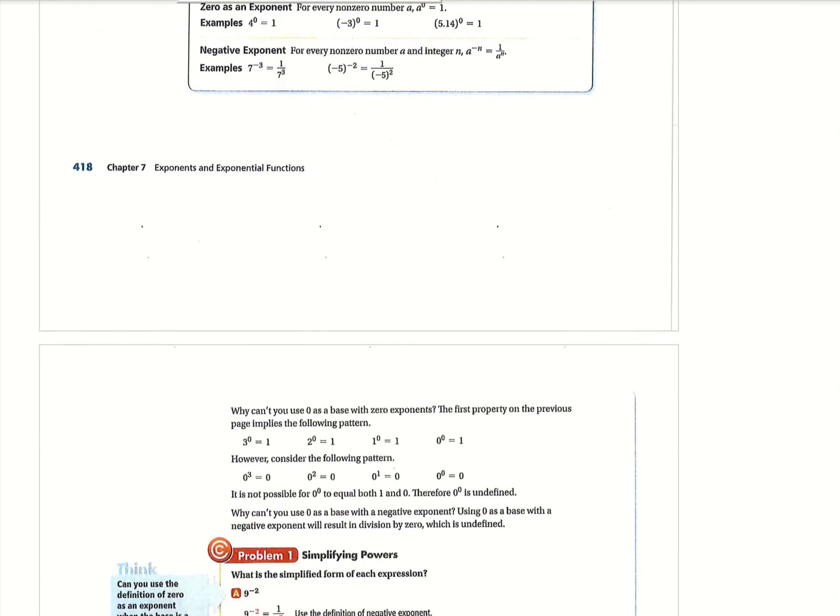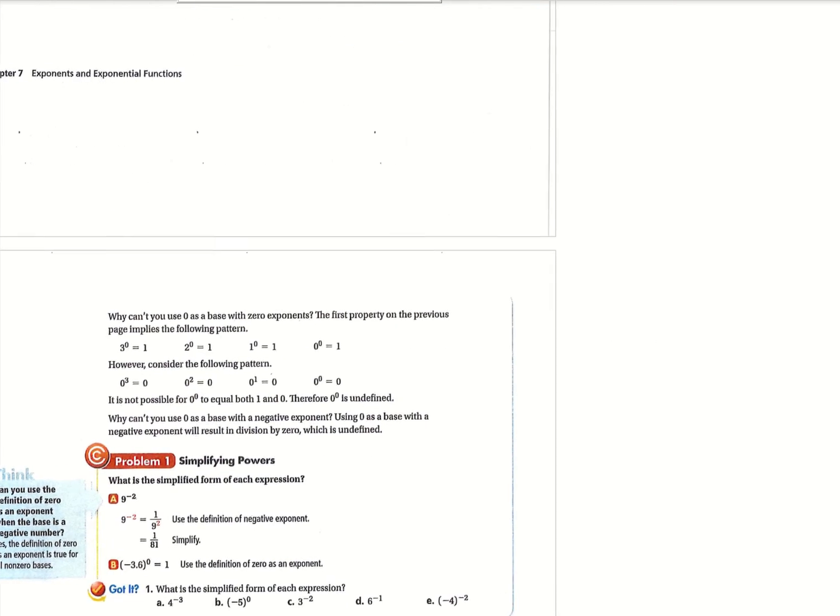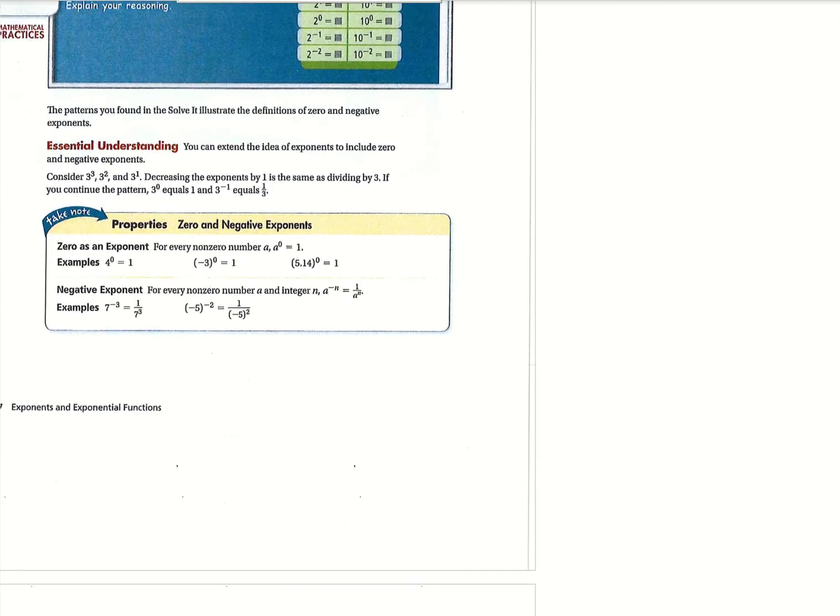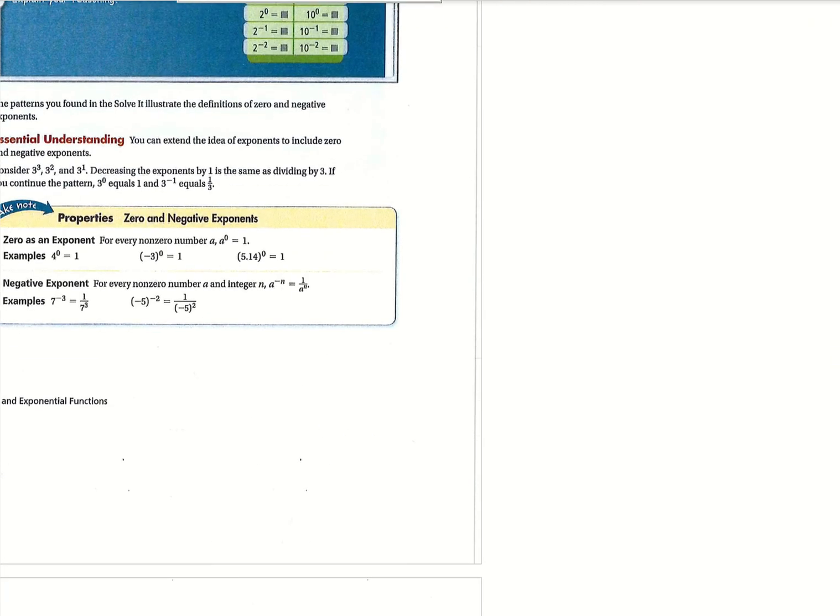Now 0 exponents are kind of interesting. One way I like to see how it works is with tens, because tens are pretty easy to work with when it comes to exponents.